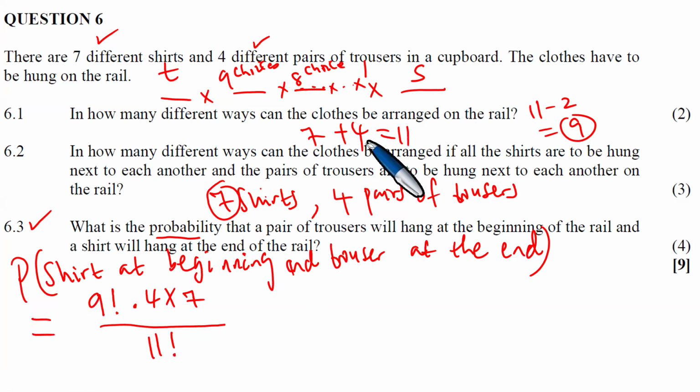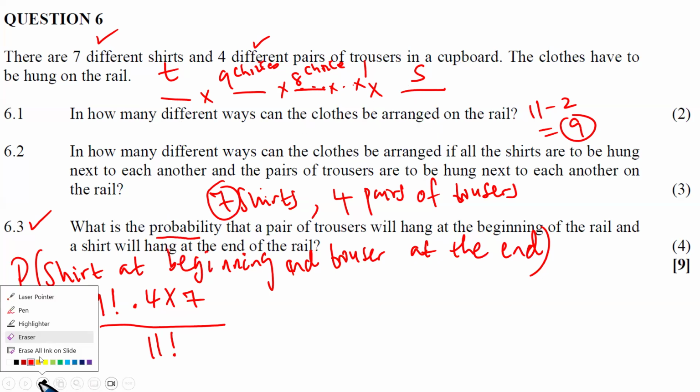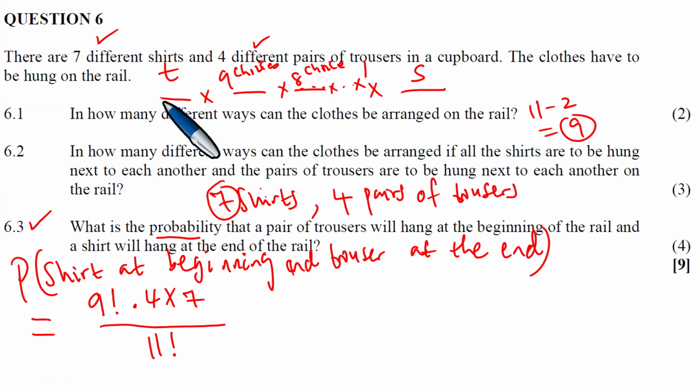And then now, according to this question, what is the probability that a pair of trousers will hang at the beginning? You put a pair of trousers at the beginning, and the shirt at the end. You agree? Okay, good. So now, if the trousers are in the beginning, in how many ways do you choose the trouser?